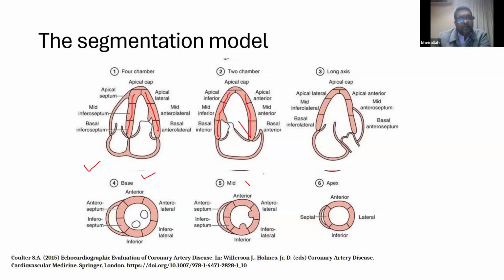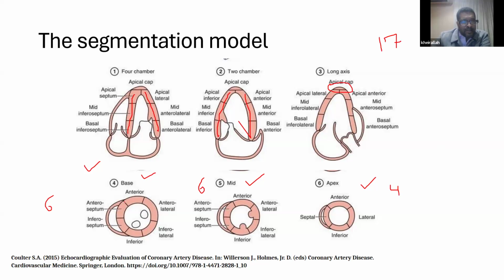Basal level, mid-level, and apical level. Here we have 6 segments, here 6 segments, and here 4 segments, total of 16 segments. Along with the apical cap, which is here, this makes the 17-segment model of the LV.